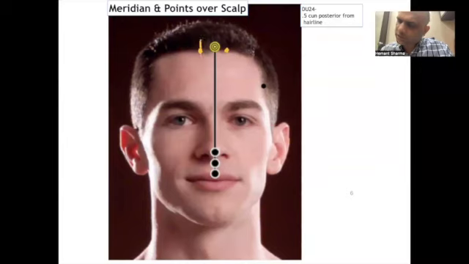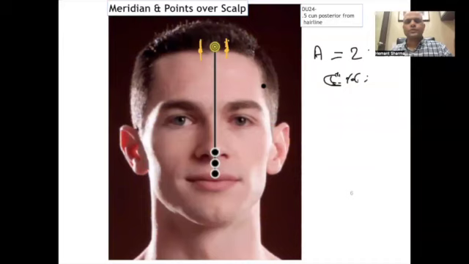From here also it is going 1 centimeter up and 1 centimeter down. So the total length of the A point is 2 centimeters. Right? Now, as soon as this ends, from there, the sensory points start.